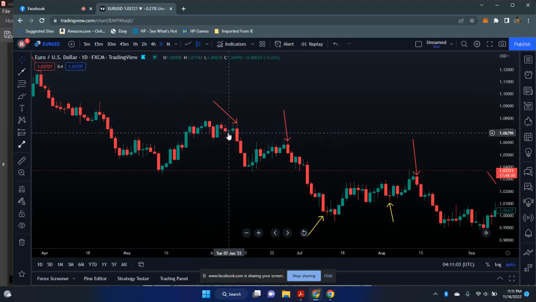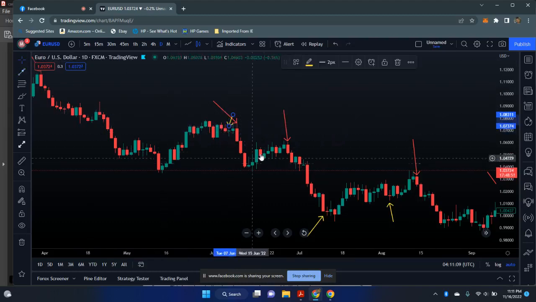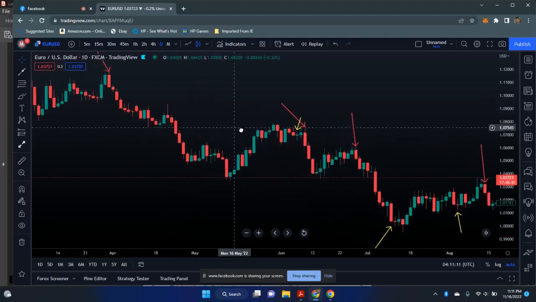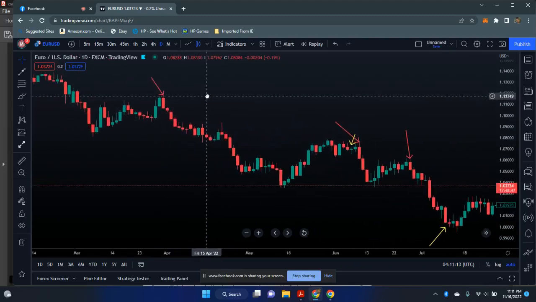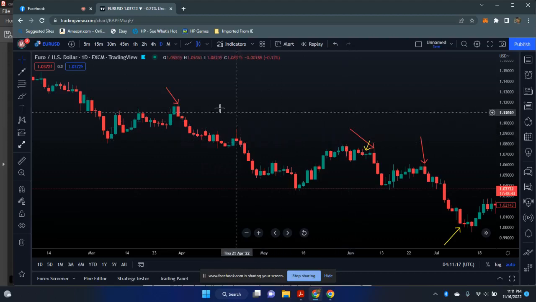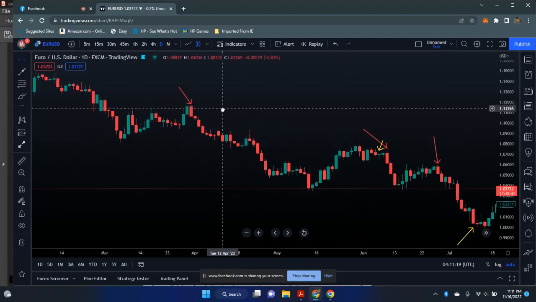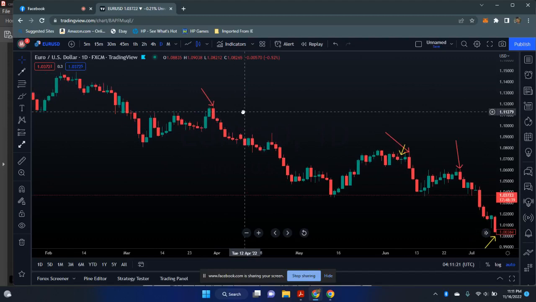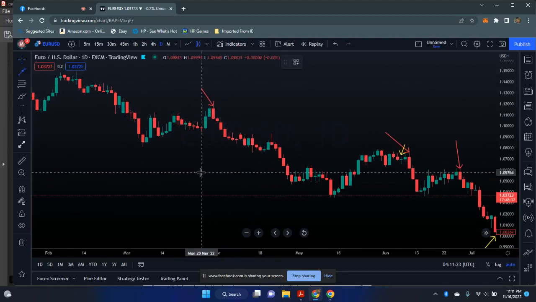Uptrend, doji comes, then that bearish engulfing. Man, we know we're about to sell. Okay? But we can't just use these candlesticks alone, guys. We want to use different technical analysis to confirm.